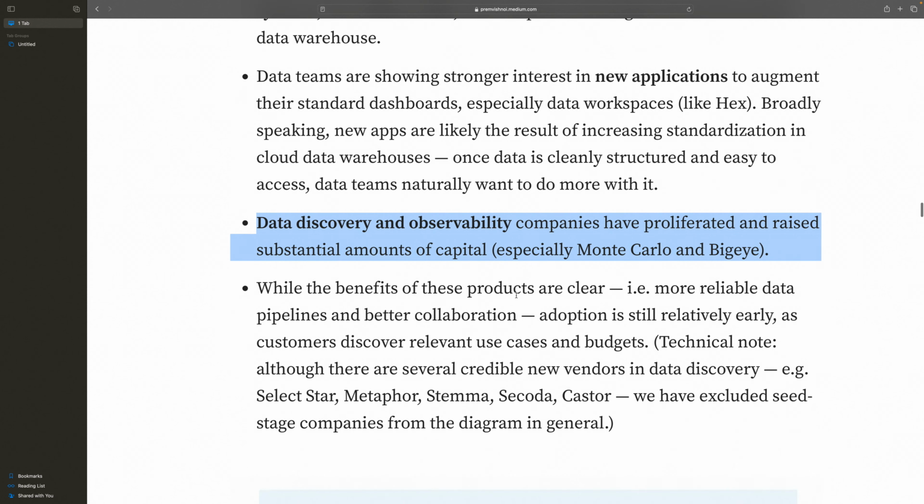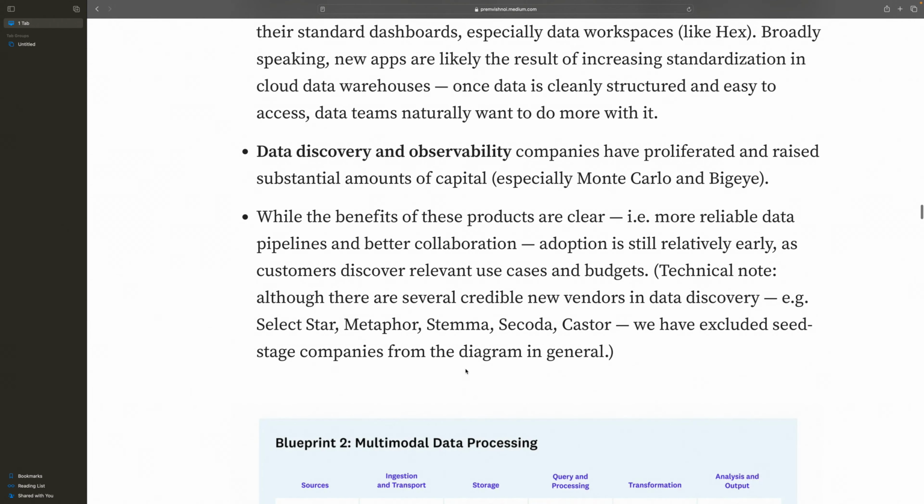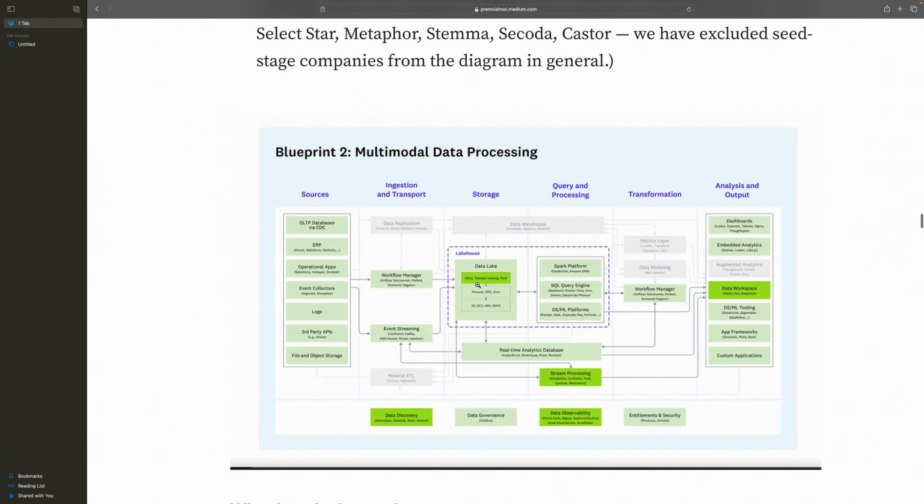While the benefits of these products are clear, more reliable data pipelines and better collaboration, adoption is still relatively early as customers discover relevant use cases and budgets. Technically, although there are several credible new vendors in data discovery, we have excluded those early-stage companies from the diagram for generality.